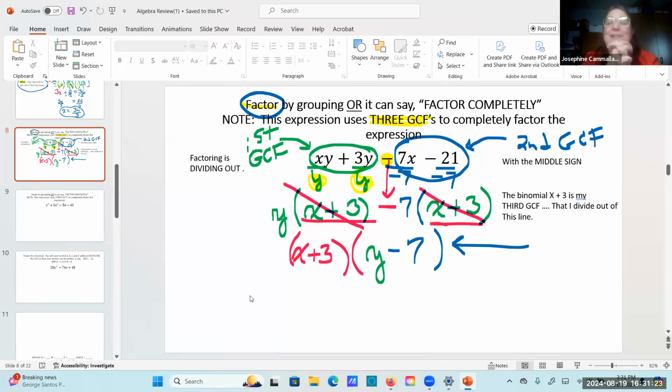Your turn. What is one of the factors of this next set of polynomials?